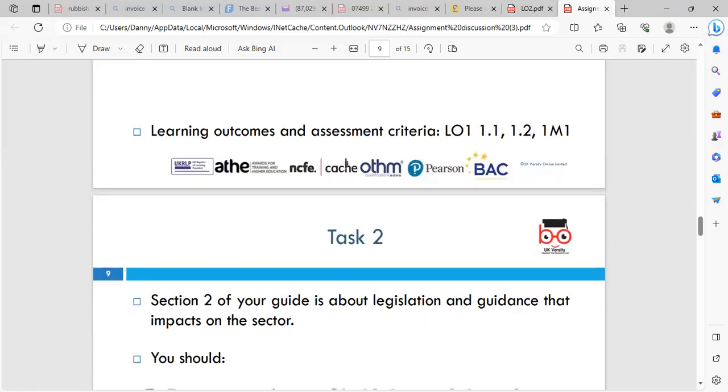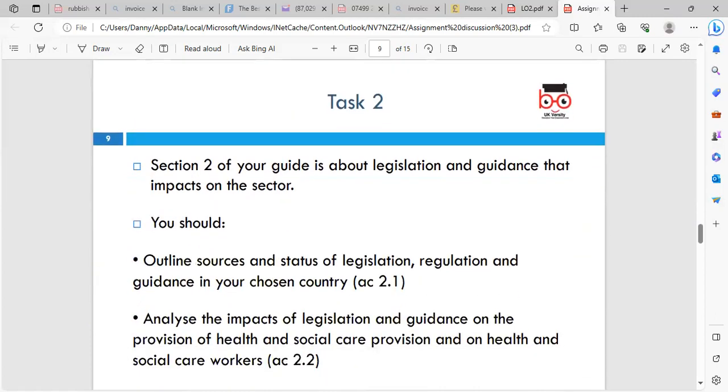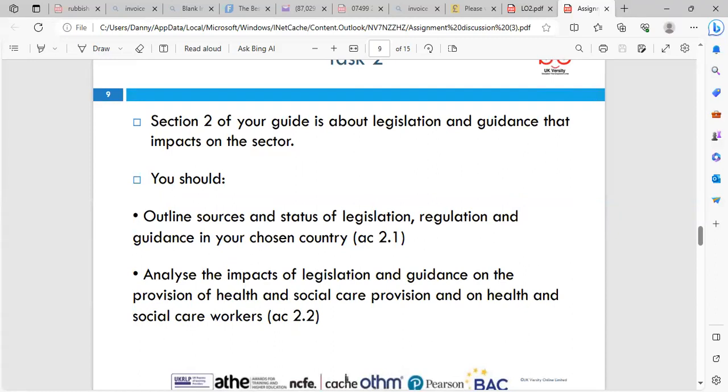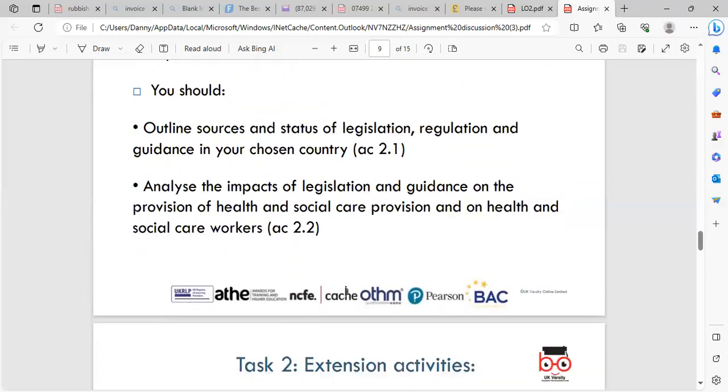Task 2, the session guide, is about legislation and guidance that impacts on the sector. You should outline sources and status of legislation, regulation, and guidance in your chosen country. Adeyemi, what's your take?